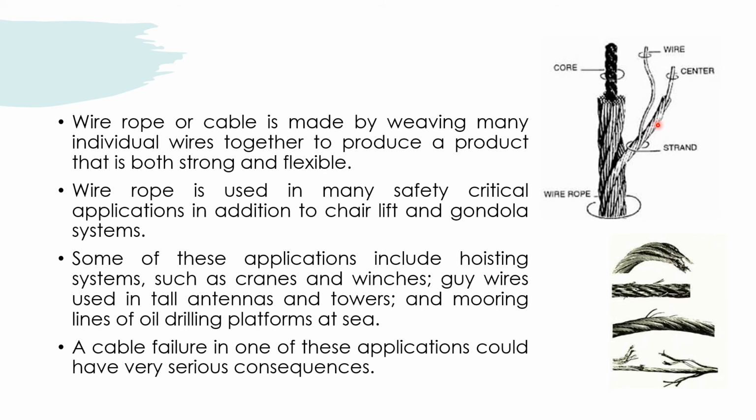At first the strand is prepared with the help of a center wire and different individual wires woven in a manner that it looks like a strand, and then a number of strands and a core are woven in a proper way to make a rope. So these are the basic design of the wire rope.